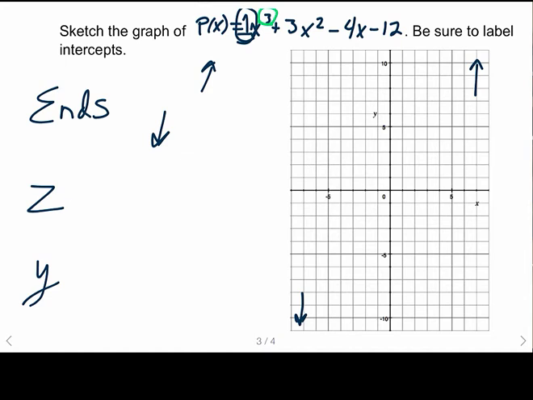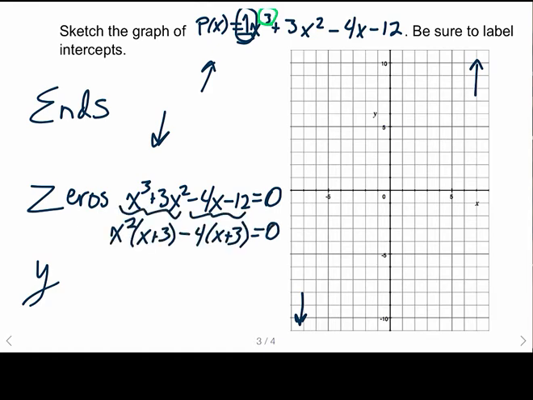For our zeros, what we're going to do is find the zeros of the polynomial, which means we're going to set x cubed plus 3x squared minus 4x minus 12 equal to 0 and solve that equation. This thing has 4 terms. We're actually going to be able to factor the expression by grouping. We can factor an x squared out of the first pair and -4 out of the second pair.